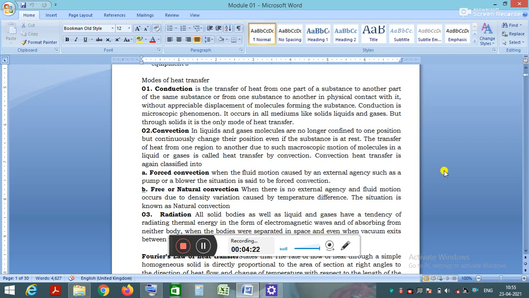And we discussed what is meant by convection. Convection is the mode of heat transfer which mainly takes place due to the movement of the molecules, in liquids and gases, not in solids.